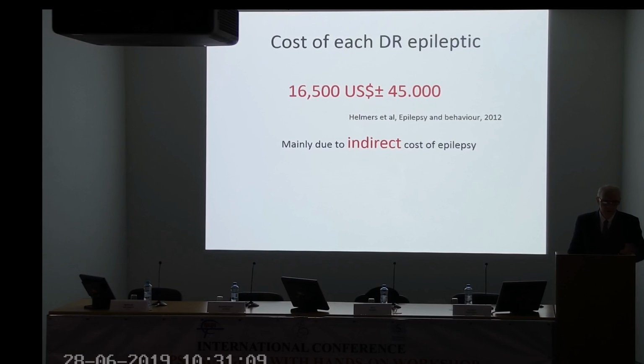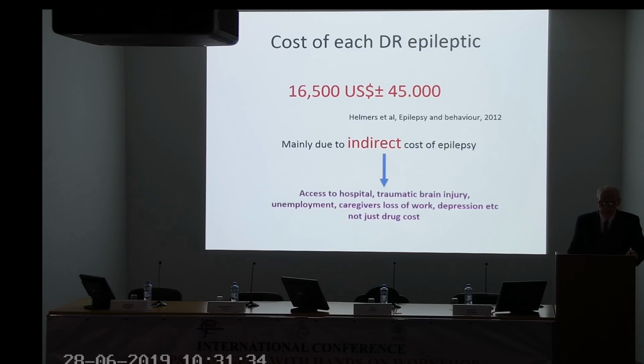It's the basic cost of what you can have in the United States. The mean cost is what you see here: 16,000 plus or minus 45,000 US dollars. That is an enormous quantity of money. And the real cost of drug-resistant epilepsy is not just the cost of the drugs.